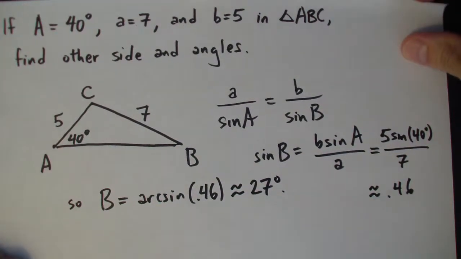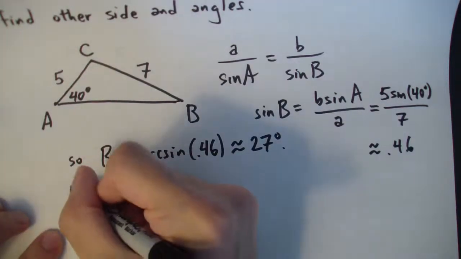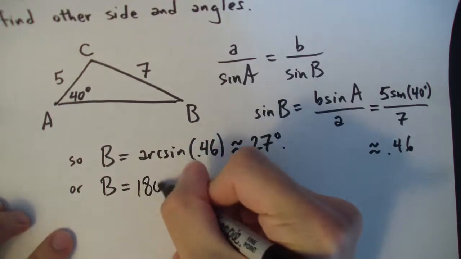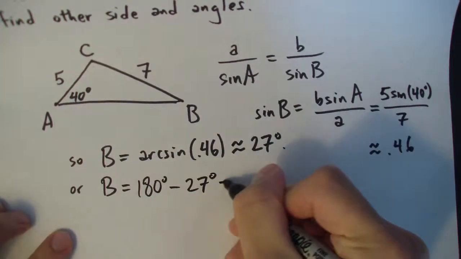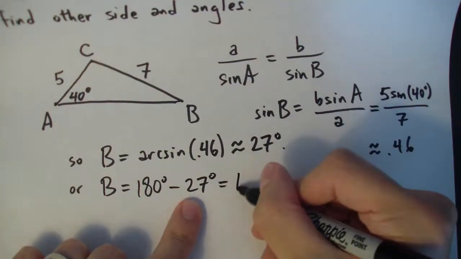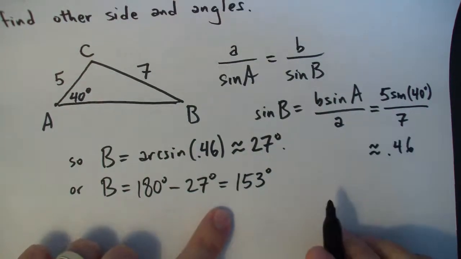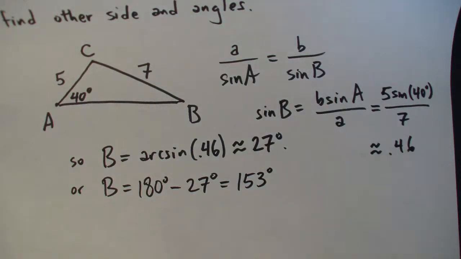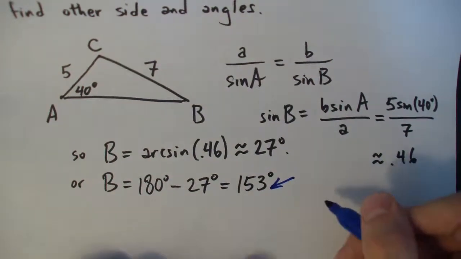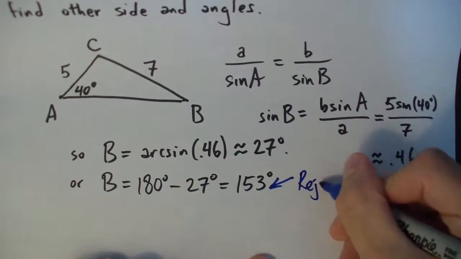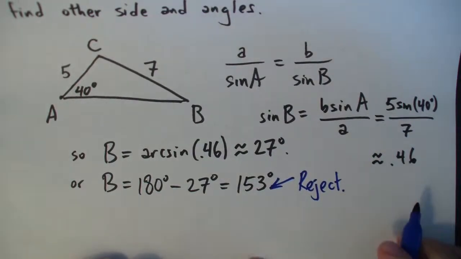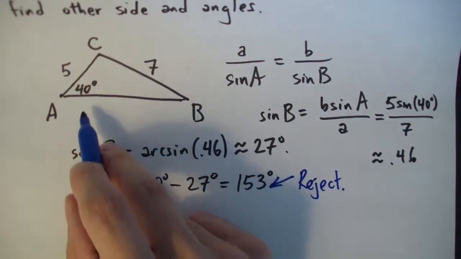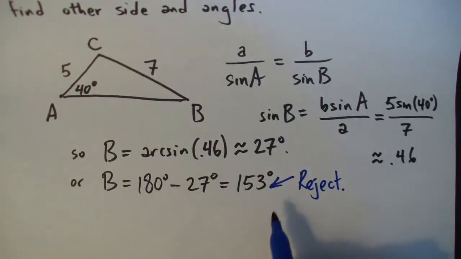And again, there might be another option, right? We also have to check the supplement of B. So the supplement, 180 degrees minus 27 degrees, comes out to be 153 degrees. And this time, this case does not work. So we reject this possibility. The reason why is that 153 plus 40 degrees is already 193 degrees. That's too big, right?